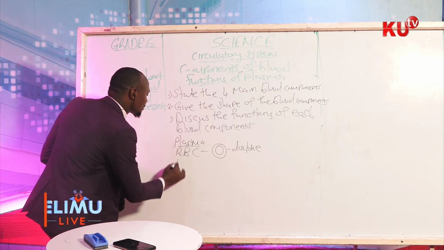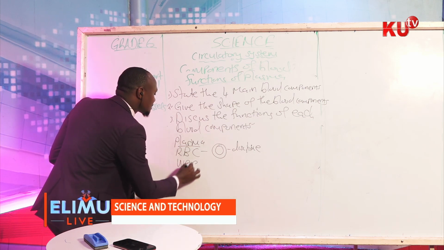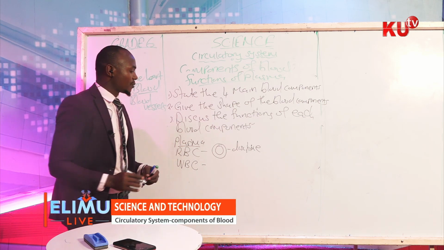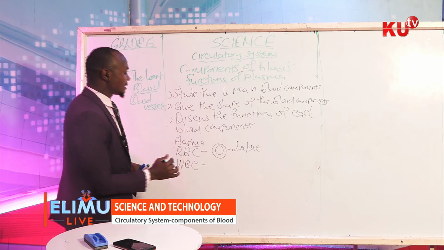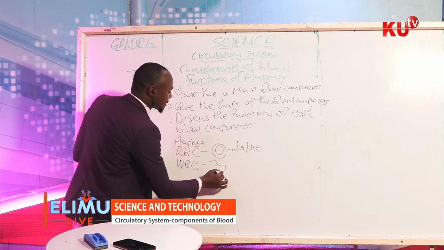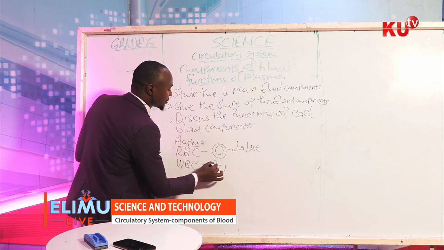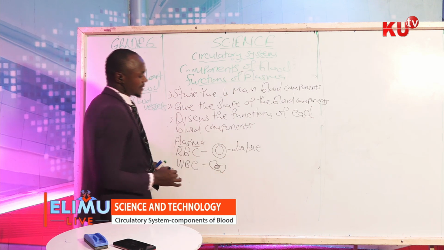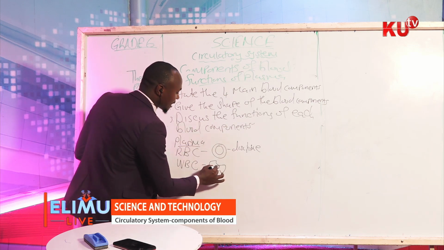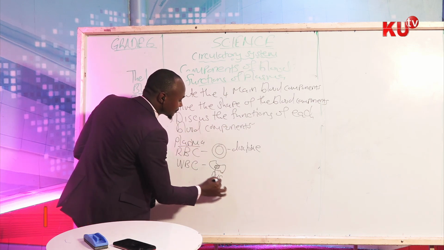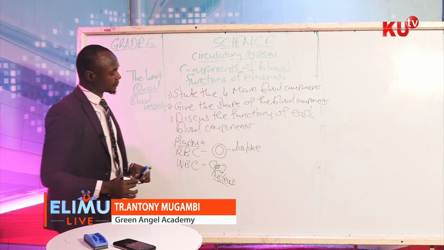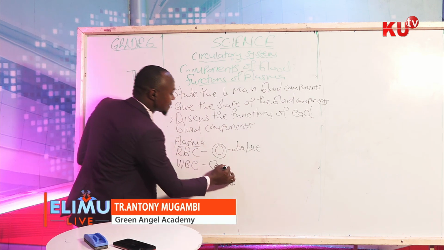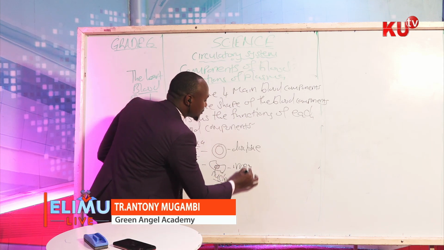We have the white blood cells. White blood cells, I have seen you have also got it right, where we have seen that it is irregular in shape and inside it has a nucleus.